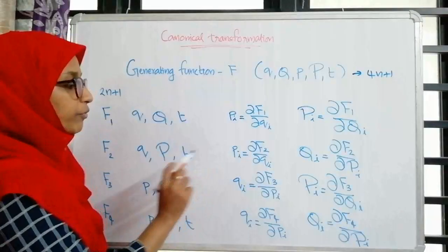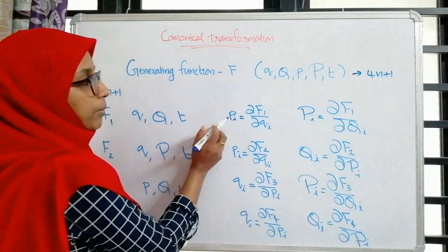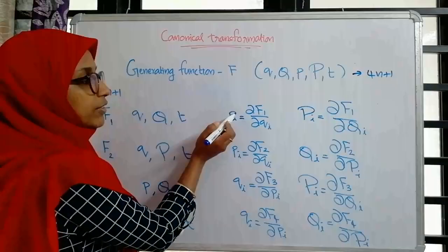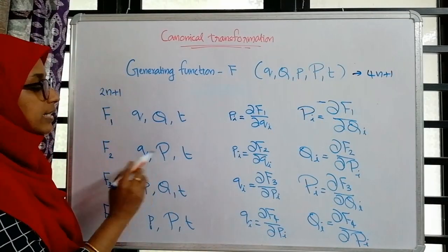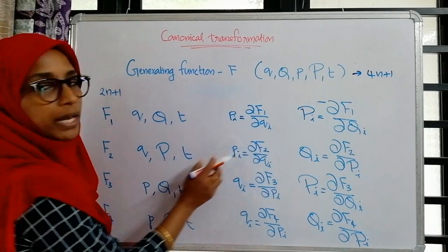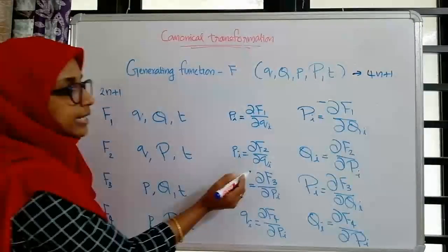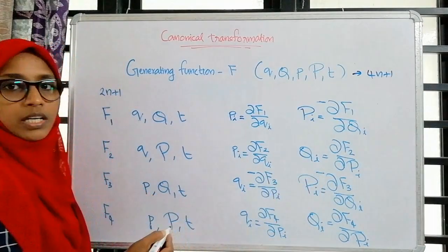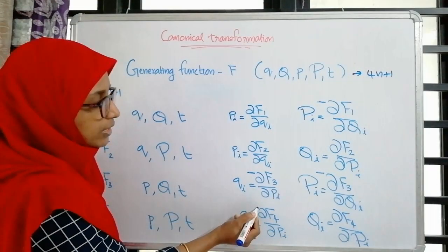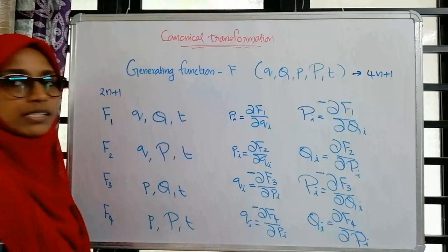Then we have to find out the signs of these equations. Remember, in case of F1, the first term will be positive and the next term will be negative. In the second transformation, both will be positive. In the third transformation, both will be negative. And in the fourth transformation, the first one is negative and the second one is positive.